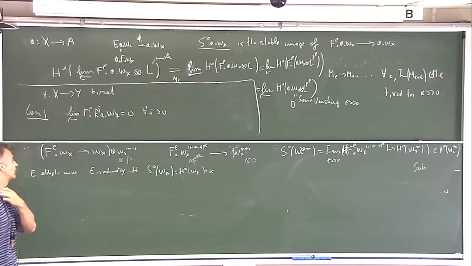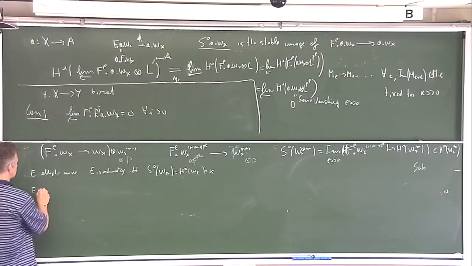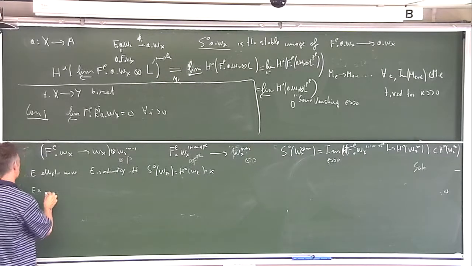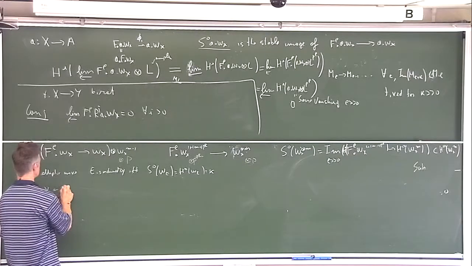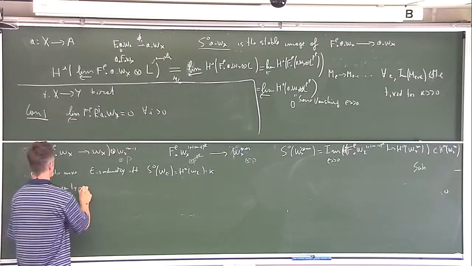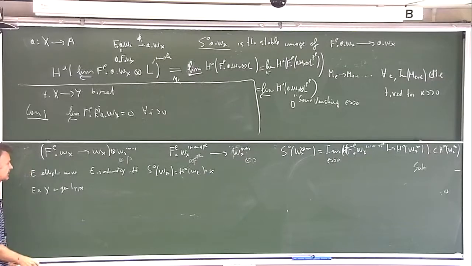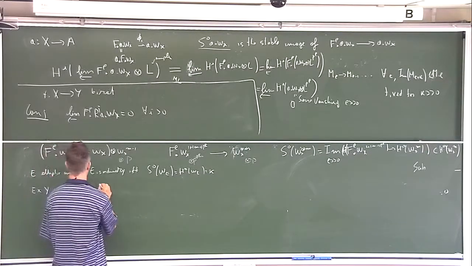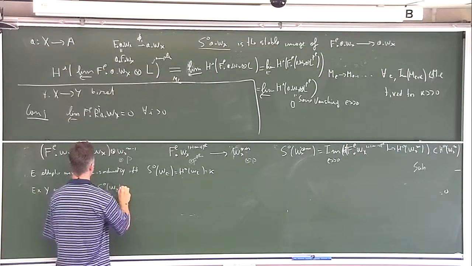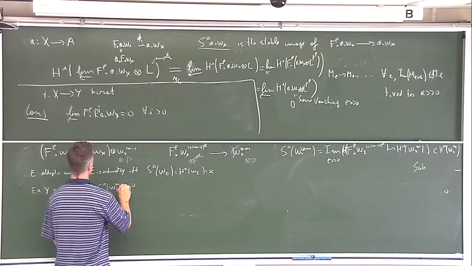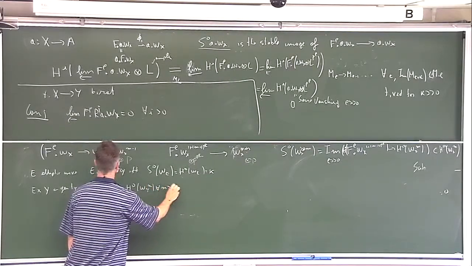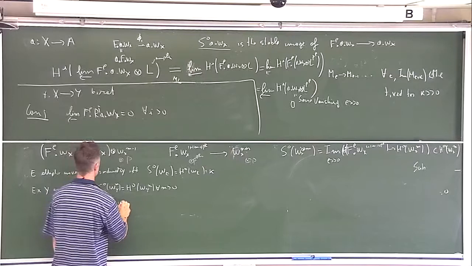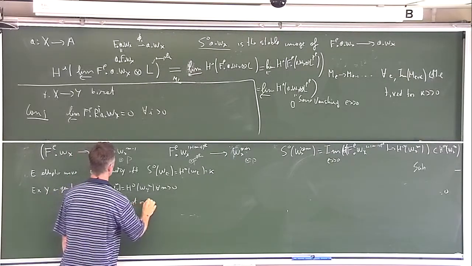Okay, so now that tells you that you can take E times any variety, say Y, of general type, and maybe you could assume that S0 of omega Y to the m is equal to H0 of omega Y to the m for every m greater than 0, or you could assume that E is not ordinary.